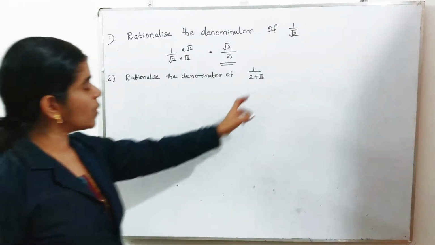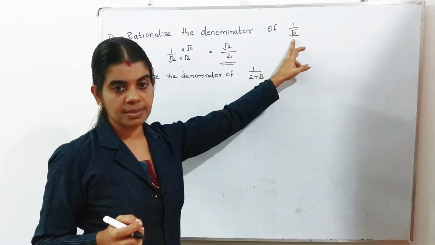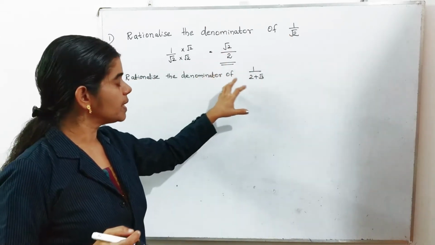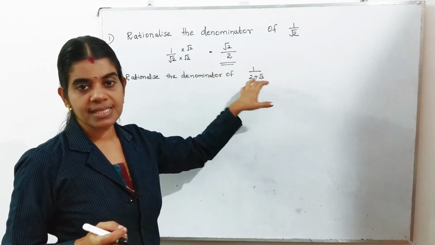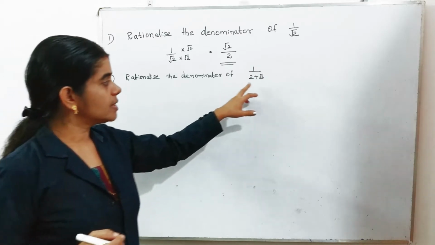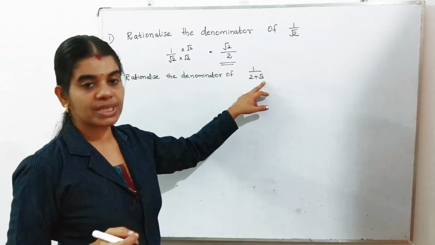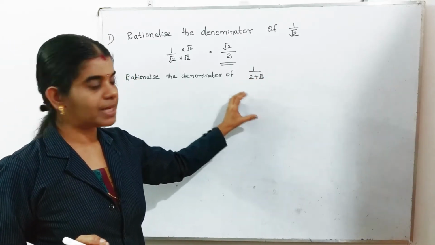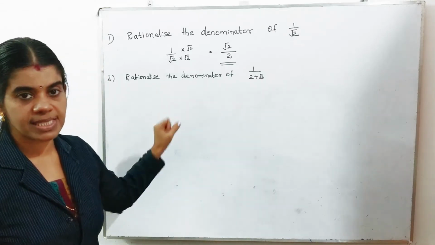In the previous case only one number was there, that's why no difficulty. Here 2 plus root 3 is in the denominator. Therefore we want to remove this root 3 from this denominator, then it will become the rationalized form.